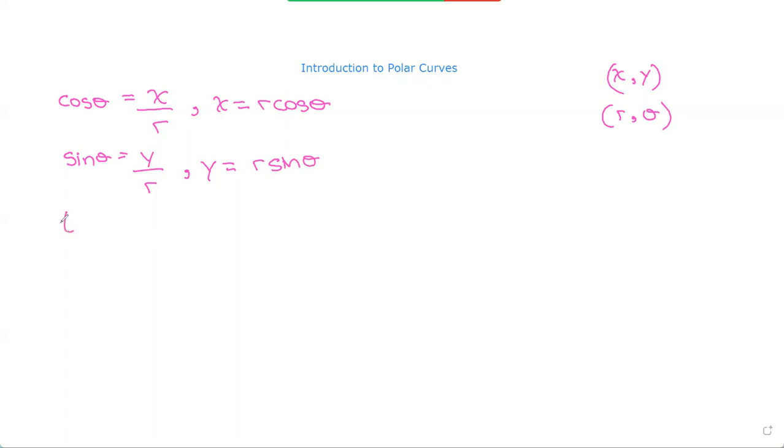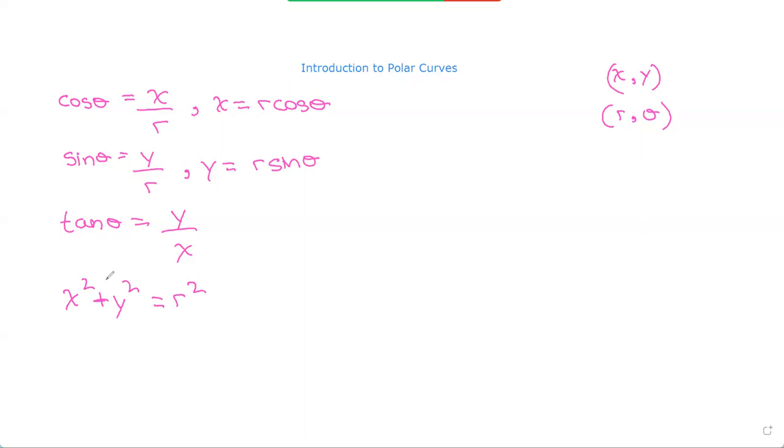Another formula we should know is tan theta is y over x, because it's basically sine theta over cosine theta and the r's get cancelled. And then x squared plus y squared is equal to r squared.